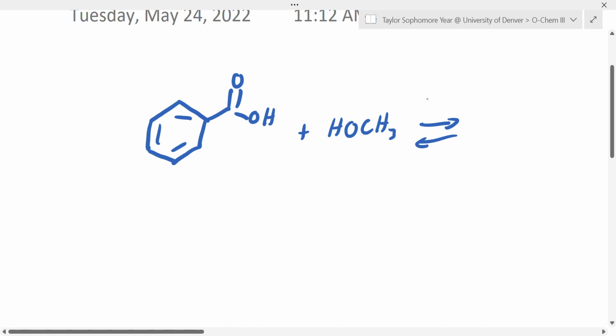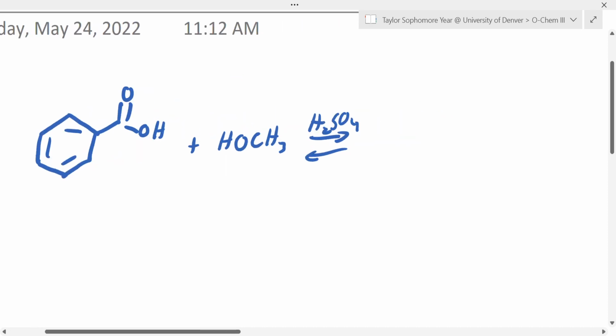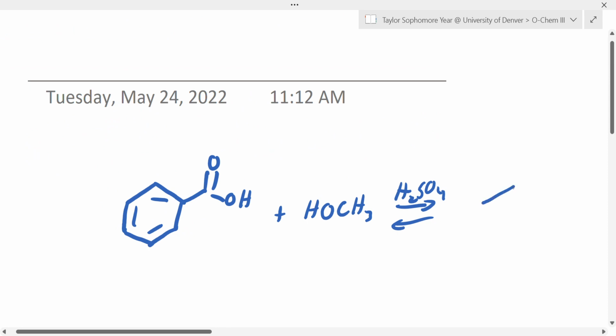When we protonate, or we'll use H2SO4, and that will create this product.